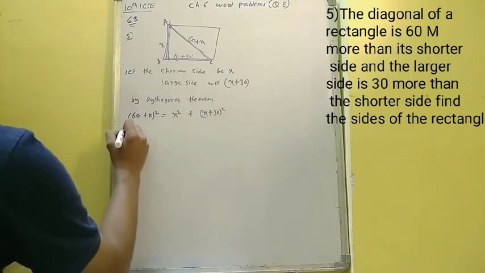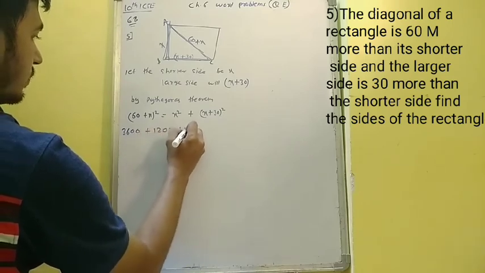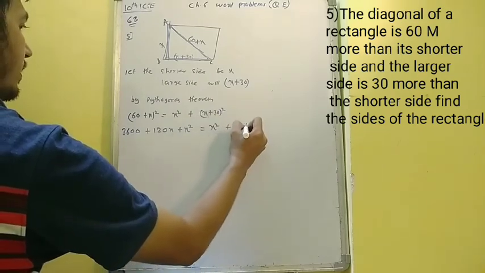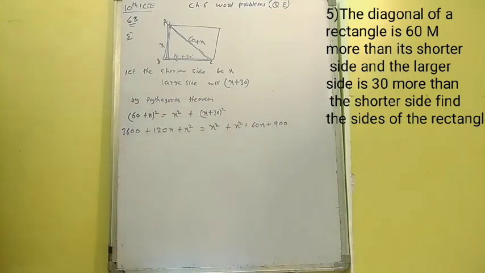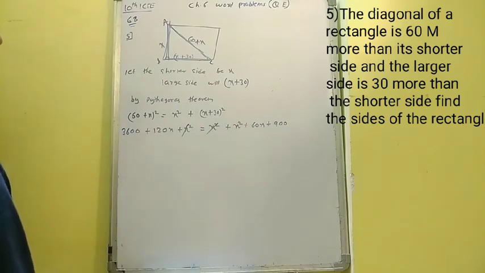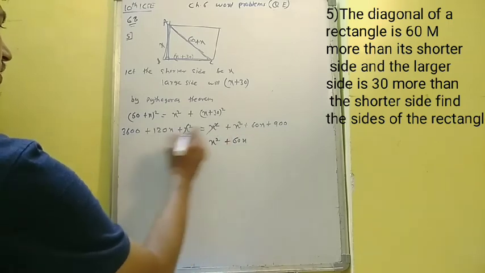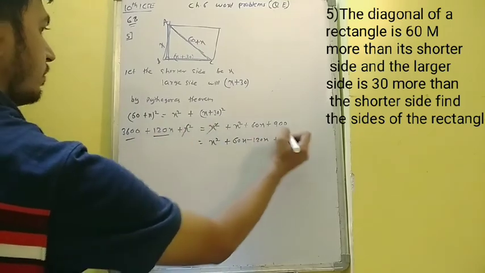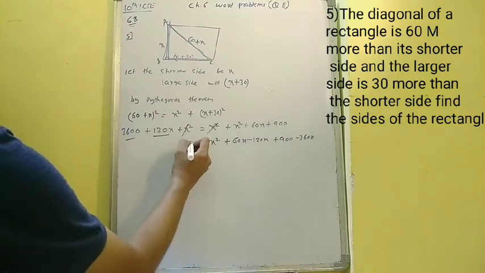So a plus b the whole square is a square plus 2ab plus b square. Okay, so x square will get cancelled. We will have x square plus 60x minus 120x plus 900 minus 3600 is equal to 0.